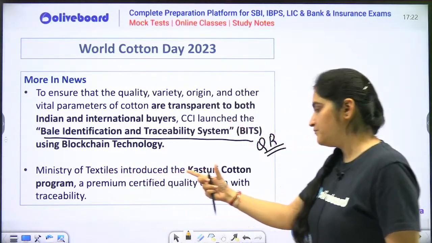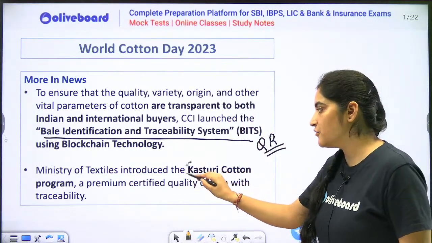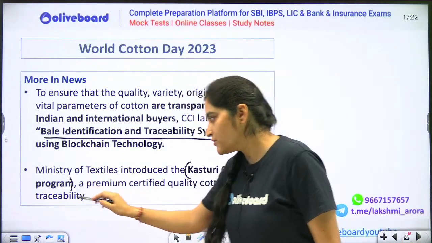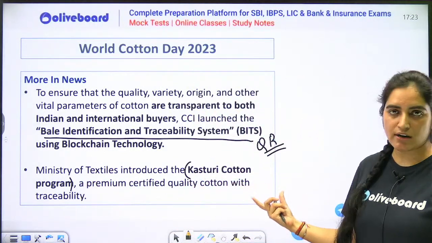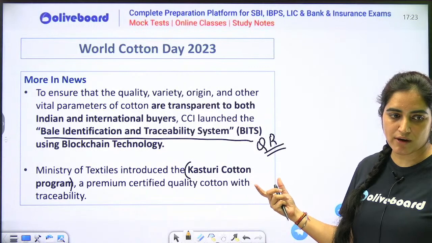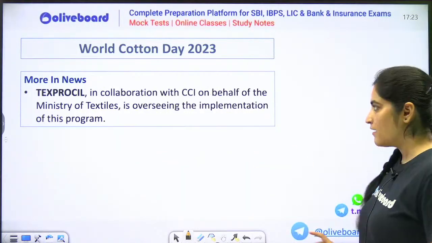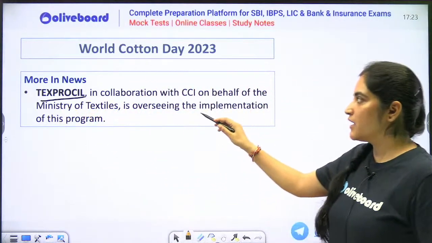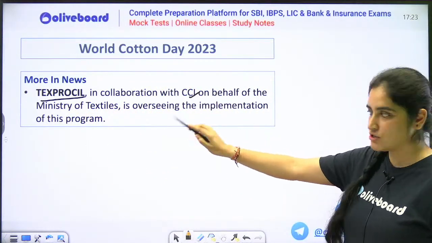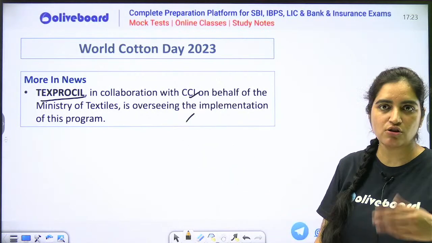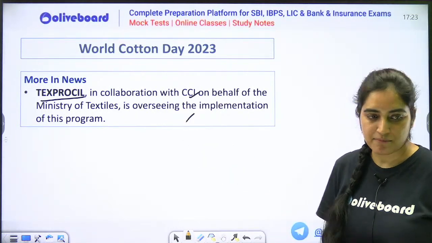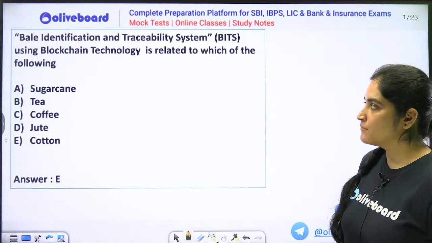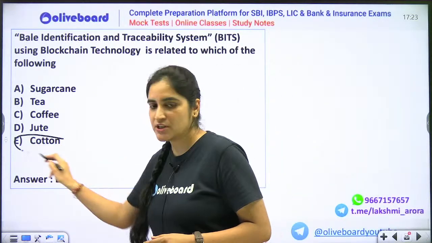Next thing, Ministry of Textile has introduced a Kasturi cotton program, which is to trace the premium quality cotton. Next thing, Texprosil. What is Texprosil? It is basically a collaboration with your CCI and Ministry of Textile to oversee the implementation of the Kasturi cotton program. So correct option over there is option number E.